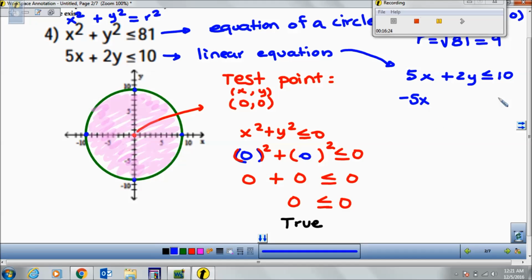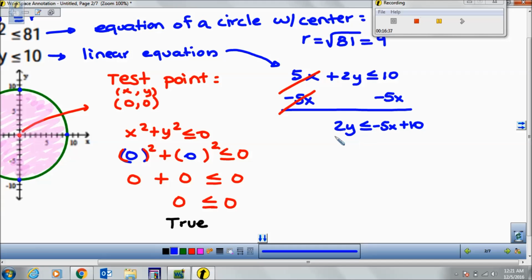So let's subtract negative 5x. This is going to be 2y less than or equal to negative 5x plus 10. Then you're going to divide by 2. y less than or equal to negative 5 halves x plus 5.